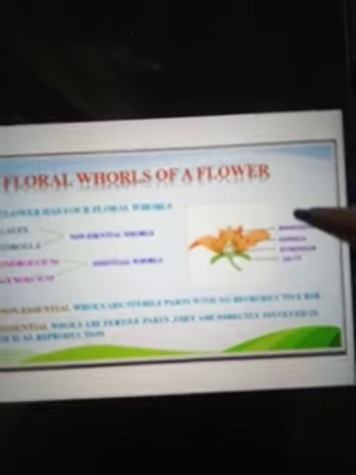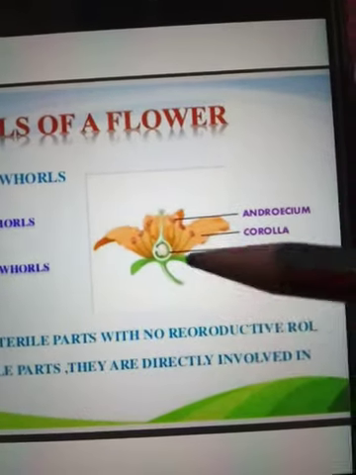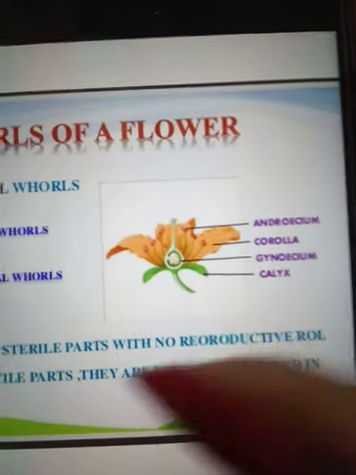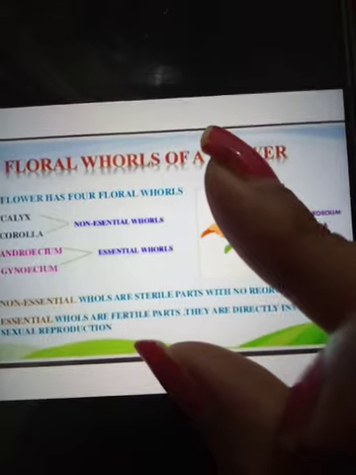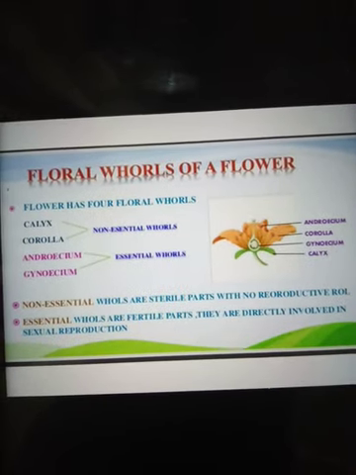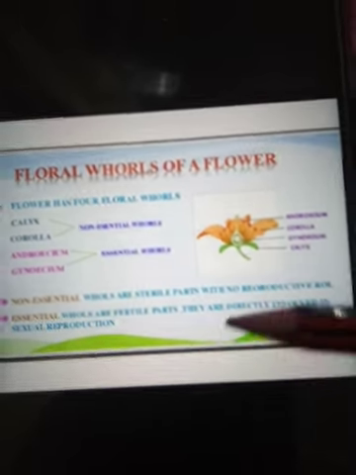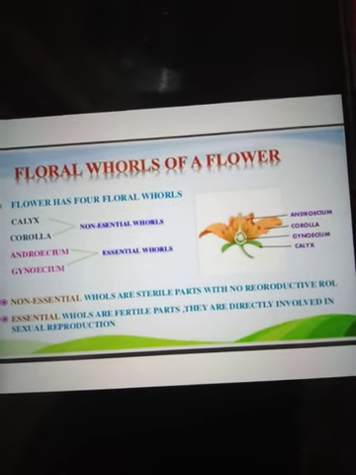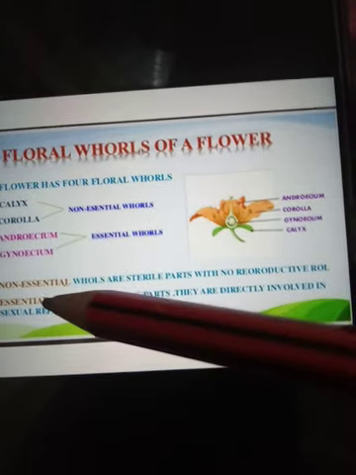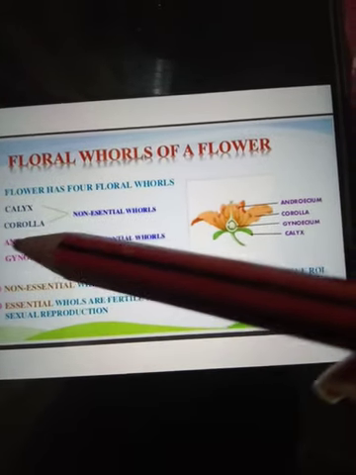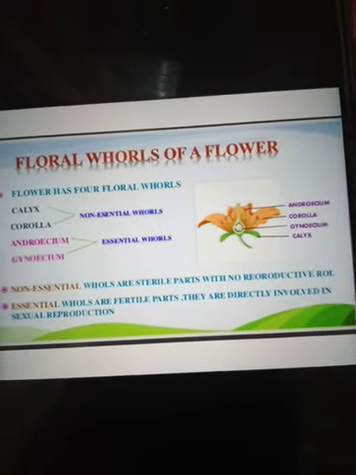You can see over here the diagram. It's given very clearly. Non-essential parts, that is calyx and corolla, do not take part in the reproduction, in the fertilization of a flower, while the essential whorls like the androecium and gynoecium are directly involved in the sexual reproduction.